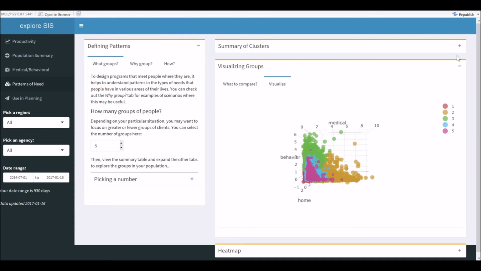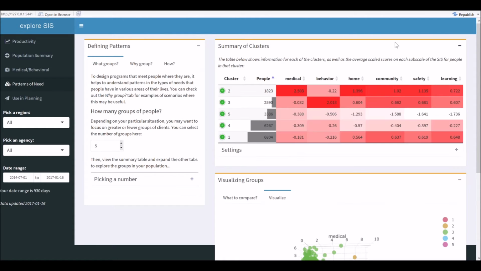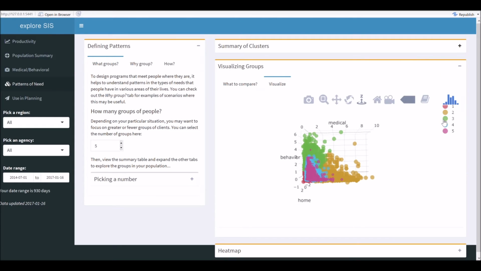So if you recall, when we look at the clusters up here, we saw cluster 2 and 3 are that high medical needs group and that high behavioral needs group. Let's try to simplify what we're looking at and just look at 2 and 3.